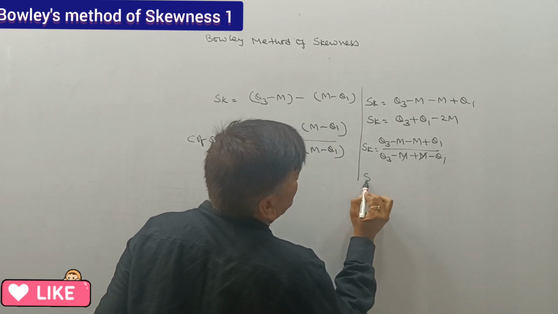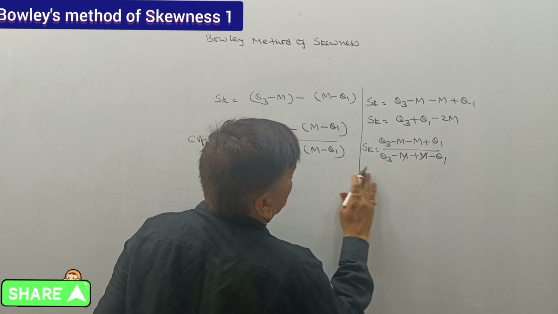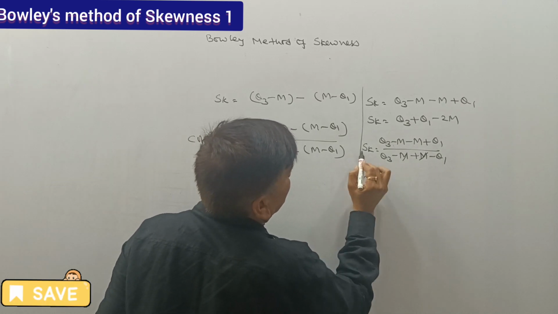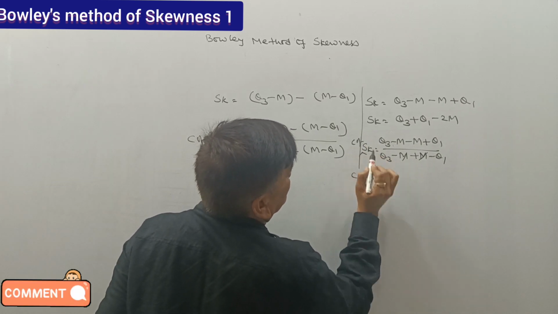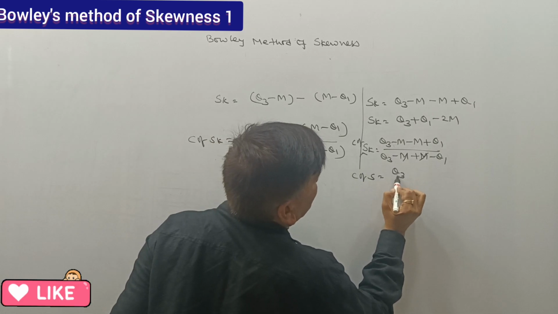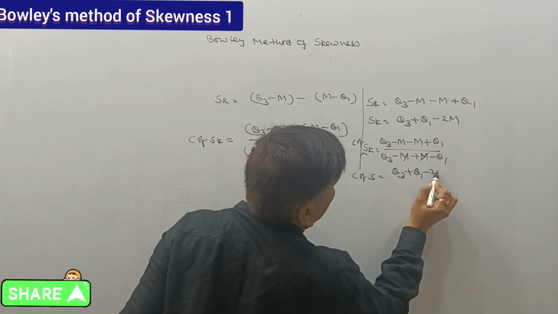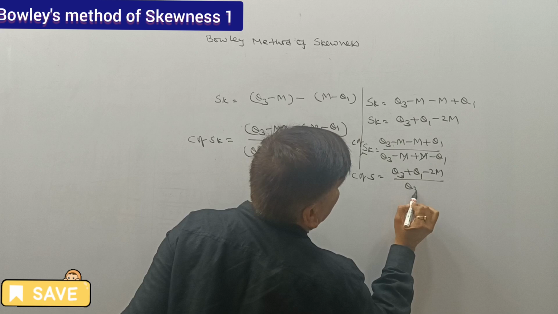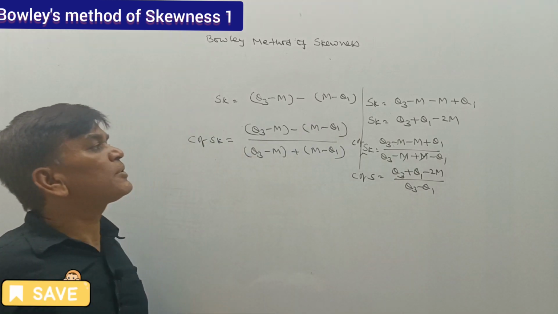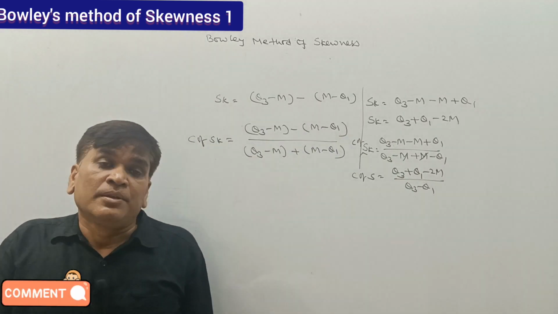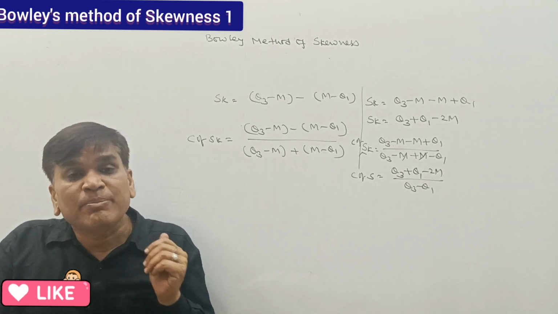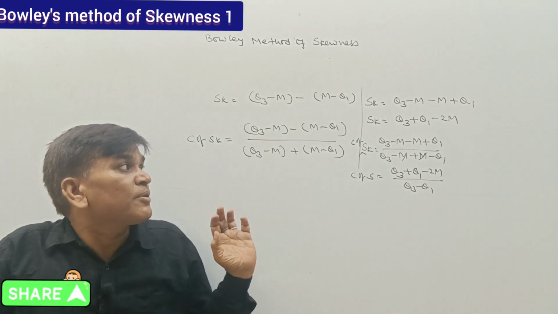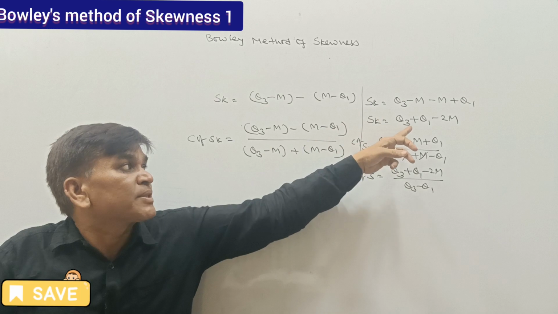M and M cancel. So the coefficient of skewness is Q3 plus Q1 minus 2M upon Q3 minus Q1. So the formula for the skewness from the Bowley method is Q3 plus Q1 minus 2M.